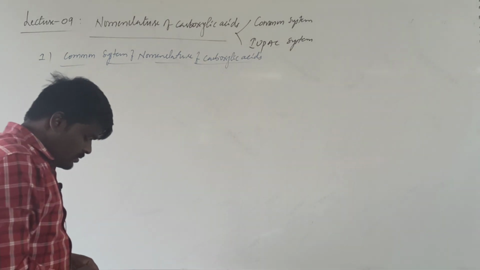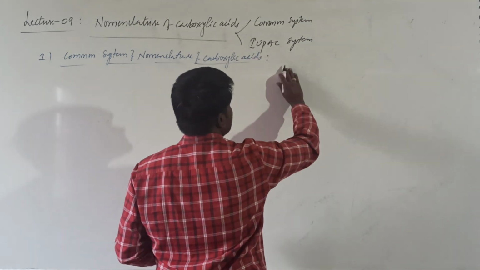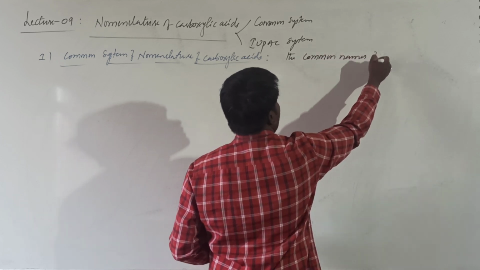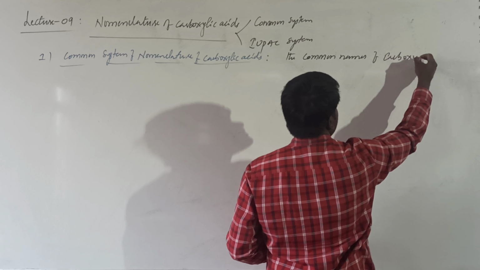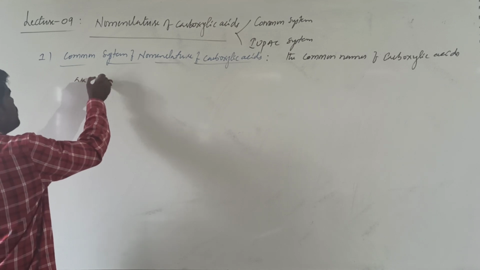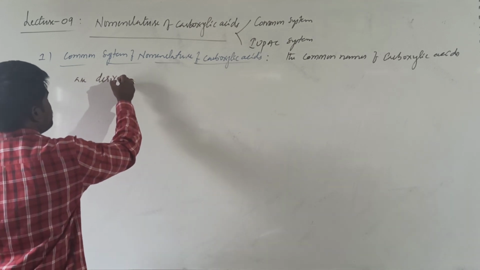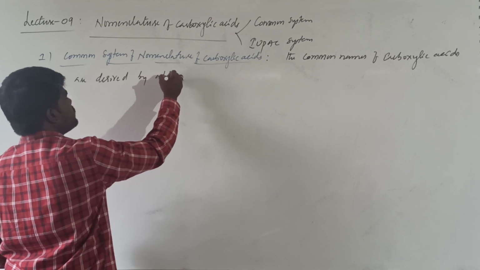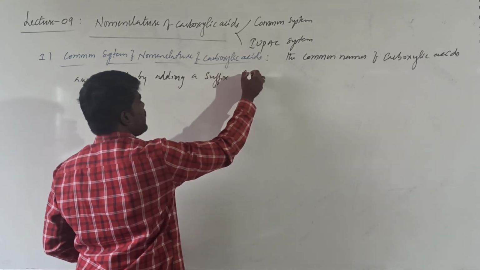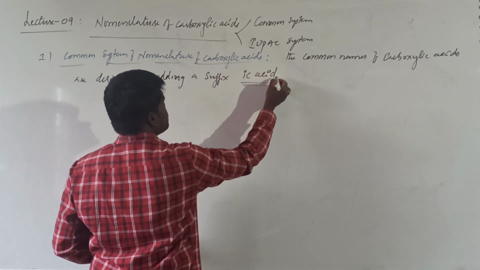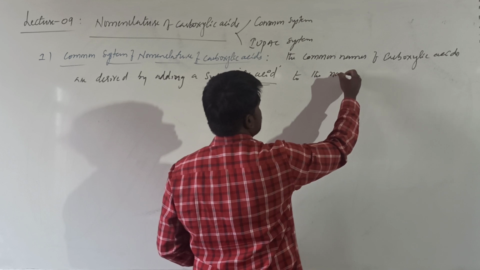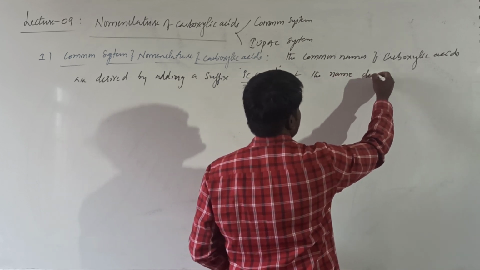Now, the important thing is that the common names of carboxylic acids are derived by adding the suffix "ic acid" to the name.